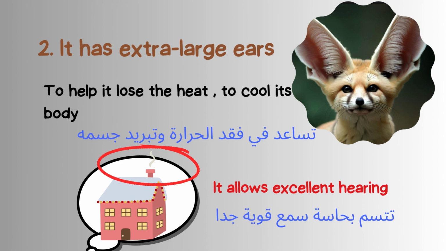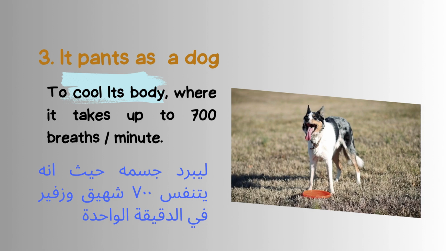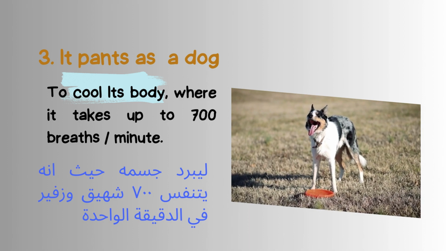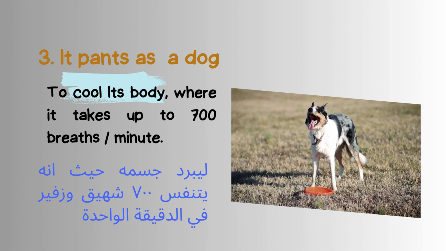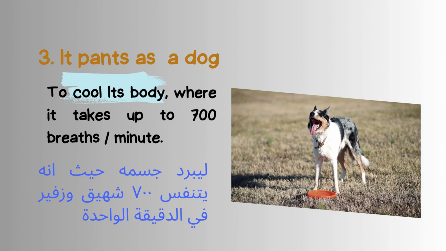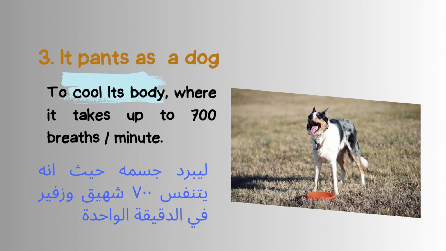Okay, and to allow excellent hearing. So it has large ears to allow excellent hearing. It hears very well. The third information we have, it pants as a dog. And here, this panting makes what?